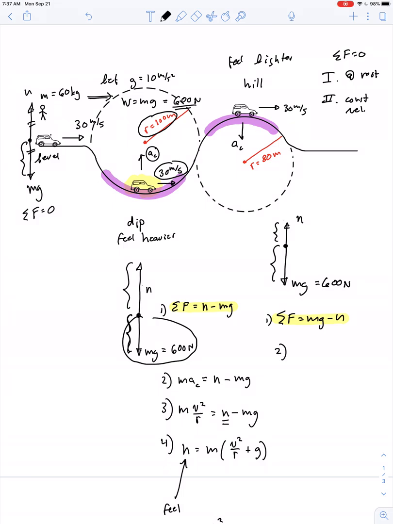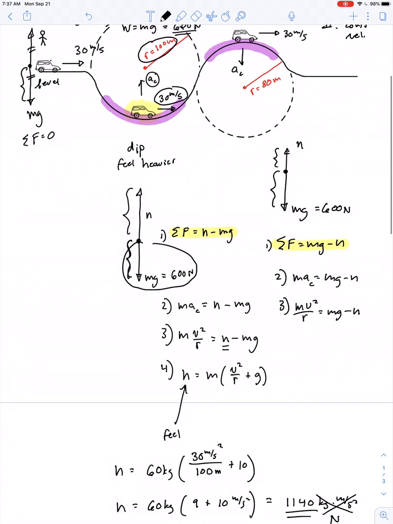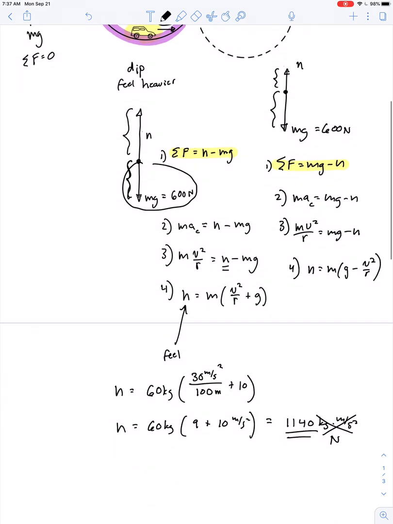We can replace net force with ma, but this is a centripetal acceleration, so mv squared over r equals mg minus n. So this time we get n equals m times the quantity g minus v squared over r. So here we get numerically n is equal to 60 times the quantity 10 minus 30 squared divided by, what did we say?